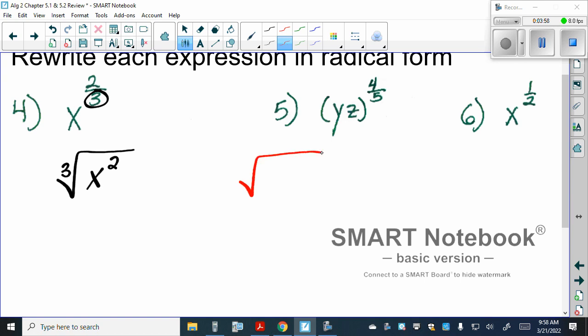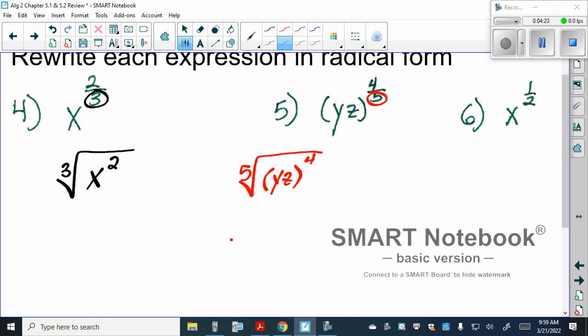Now we look at number 5, we have y times z all to the 4/5. We do have y times z together inside the radical. Our root would be 5 because it's coming from the denominator, and the y times z would be to the 4th.